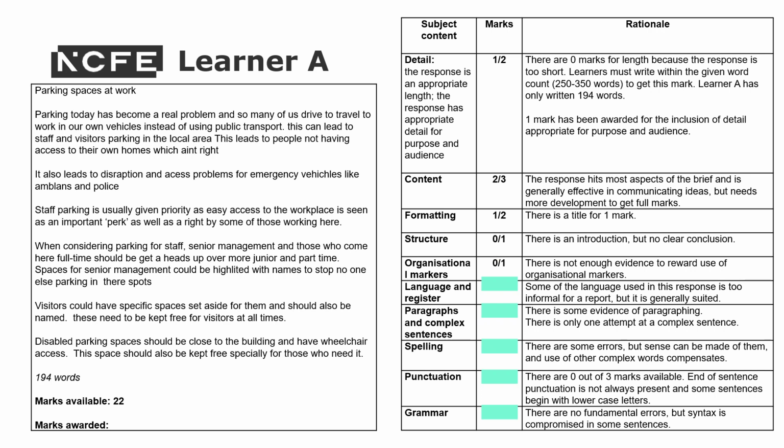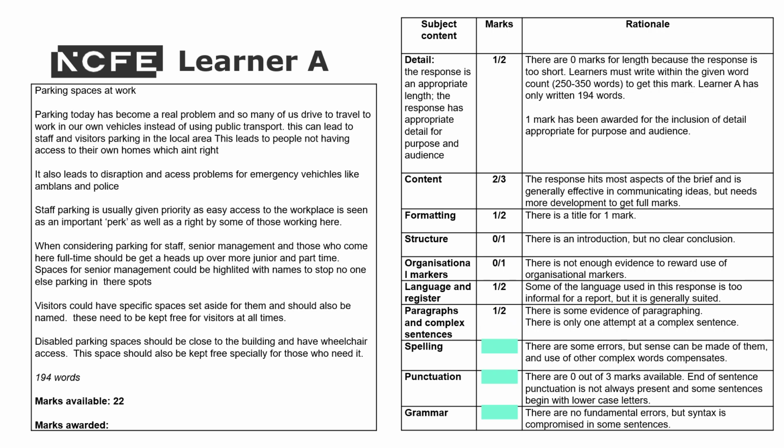For organisational markers, they scored 0 as there's not enough evidence to reward the use of organisational markers. For language and register, they scored 1 out of a possible 2 marks because some of the language used in this response is too informal for a report, but it's generally suited.